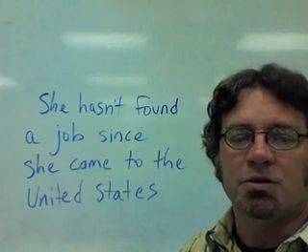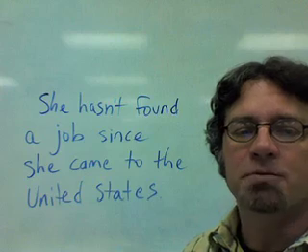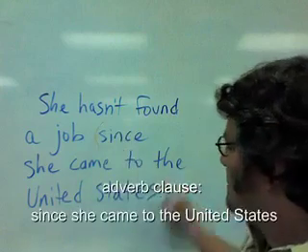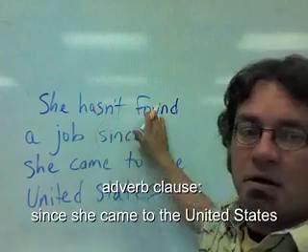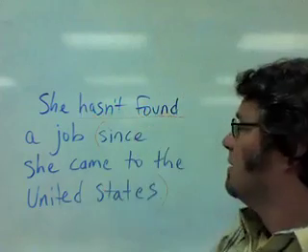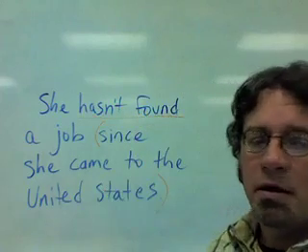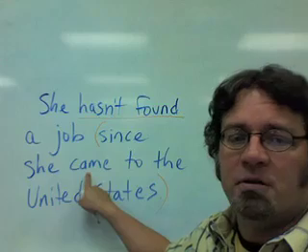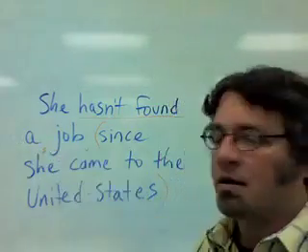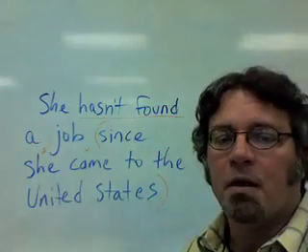She hasn't found a job since she came to the United States. This is the adverb clause that describes the verb here in the present perfect tense. And this is the verb in the adverb clause. Here's the subject, and then there's the verb.